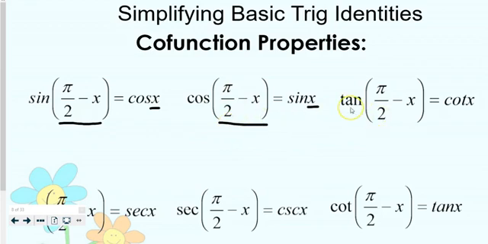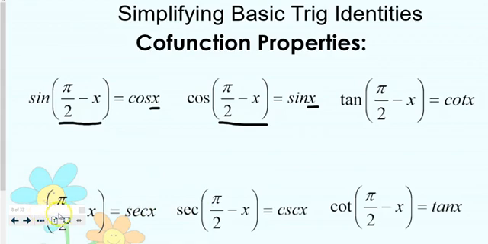And the same thing with tangent. The tangent and the cotangent of complementary angles are equal. That also works with our reciprocal functions. Excuse me, I think I just said cosine and secant.